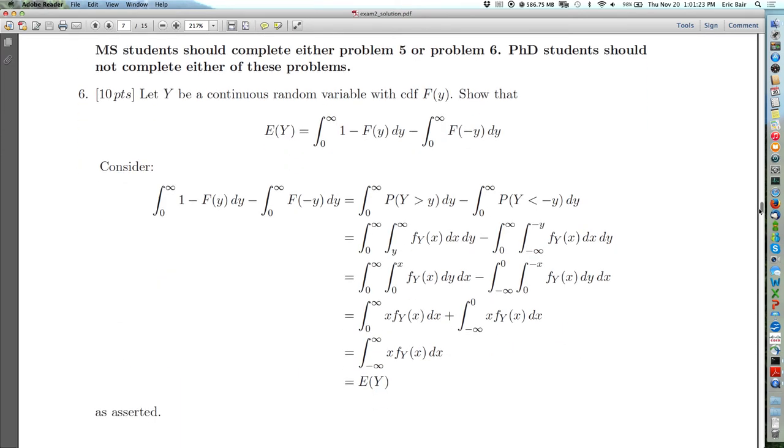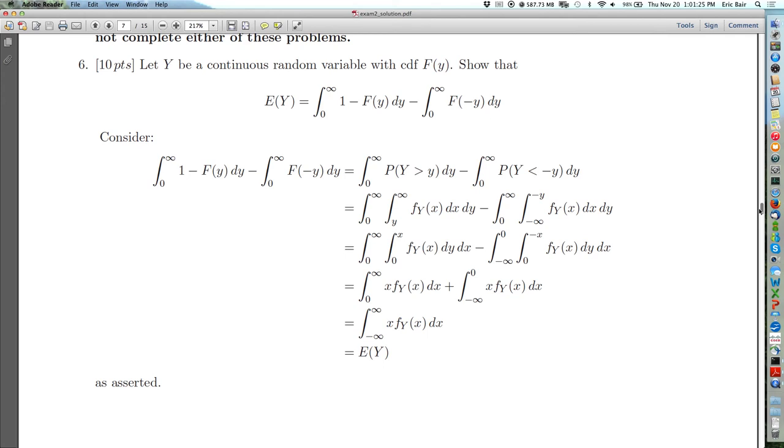Question 6 was quite similar to a homework problem, but I put a little additional twist on it. The homework asks you to prove the first half of this for a positive random variable. Here I'm asking you to prove a similar inequality for an arbitrary random variable.